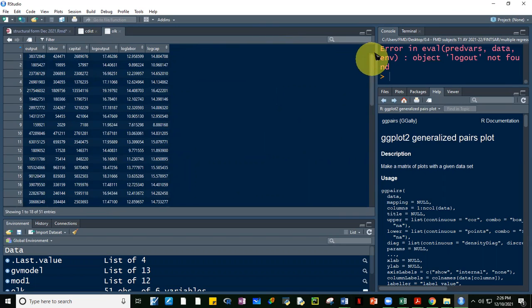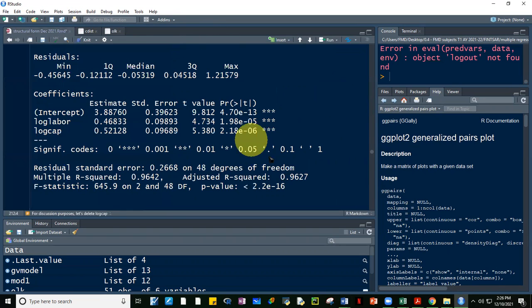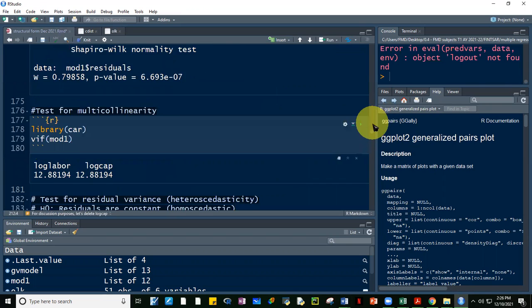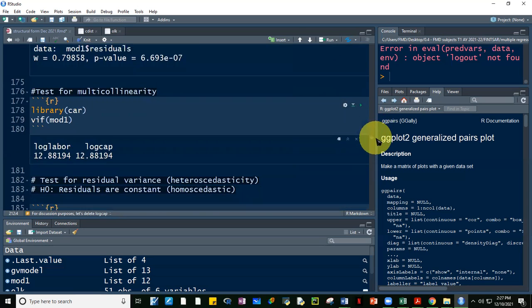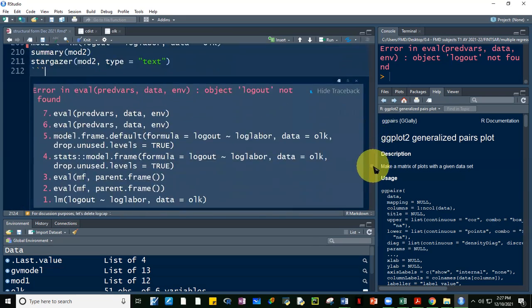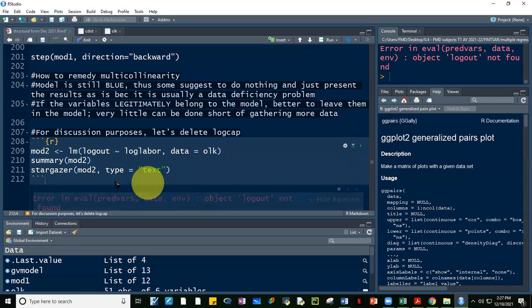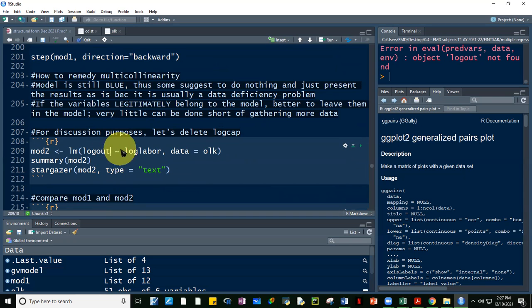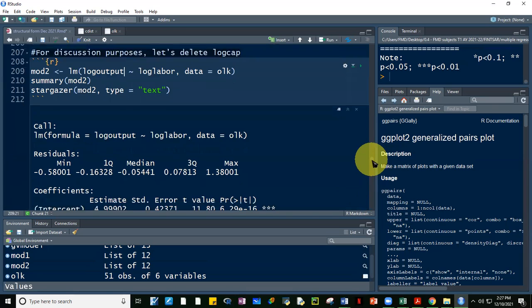Sir, you put log output. Oh, sorry, I was missing the log output. Apologies. Let's run this again. Okay, what happened?